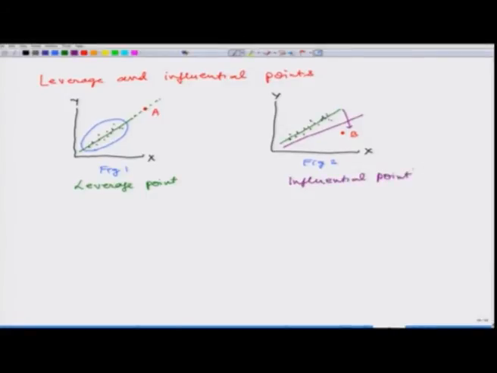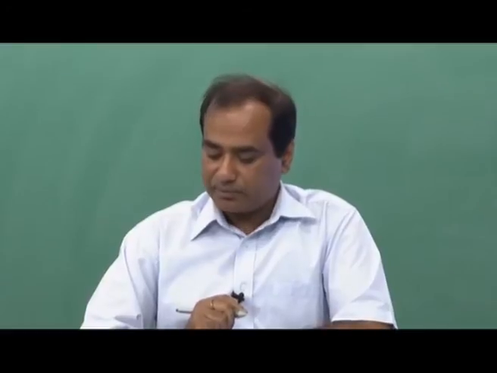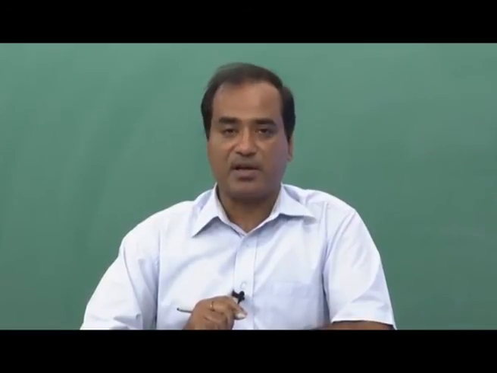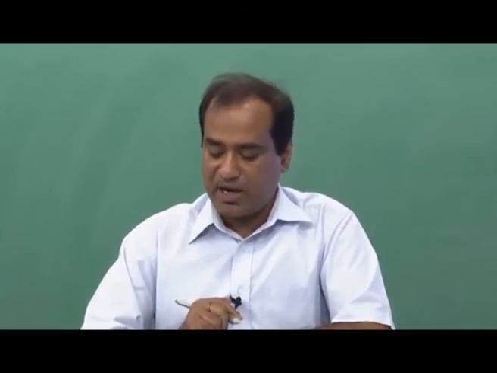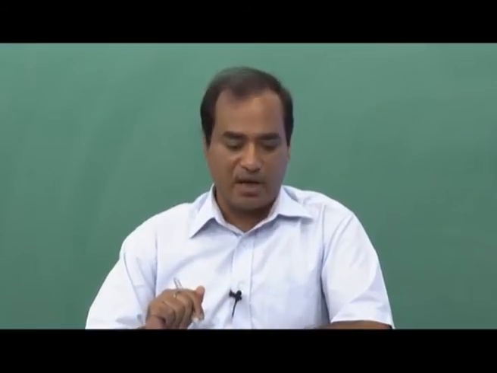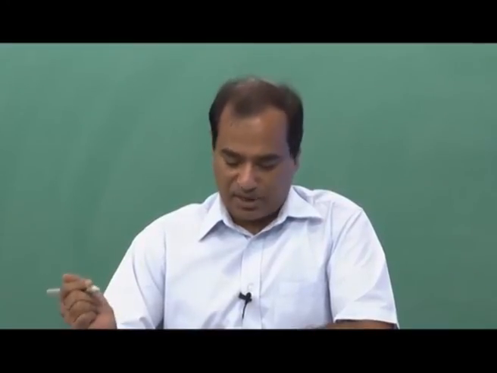One can see that if a point is a leverage point, then the fitted regression line is not going to be changed, and possibly other model properties are not much changed. Whereas, if we have an influential point, then the regression line is going to be changed, and that is attracted towards the influential point or towards the direction in which the influential point is lying.